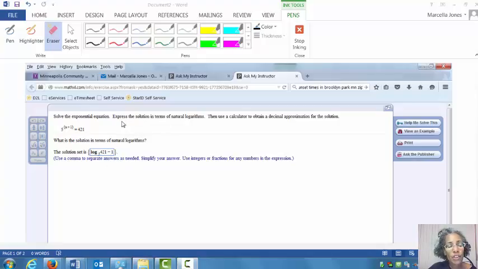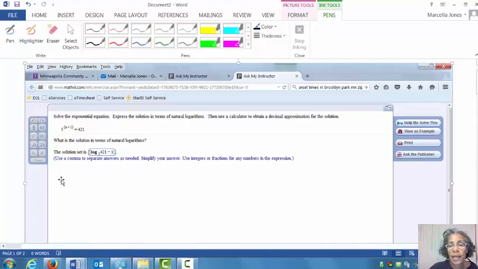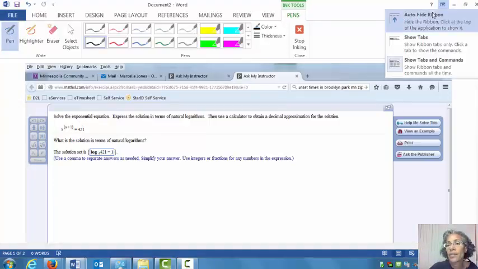But because the question specifically stated that the solution was to be expressed in terms of natural logarithms, that's why this part of the answer was marked incorrect. So let's just take a look at how you were actually asked to solve this.